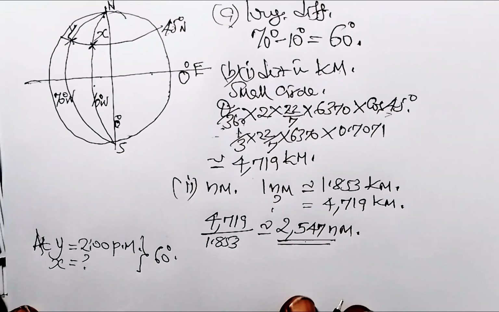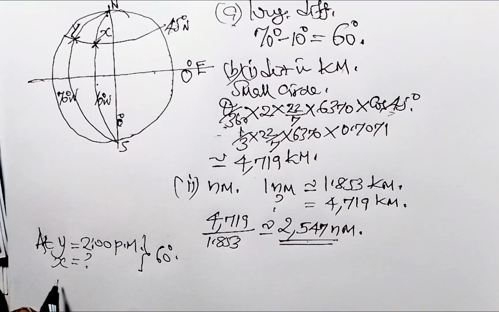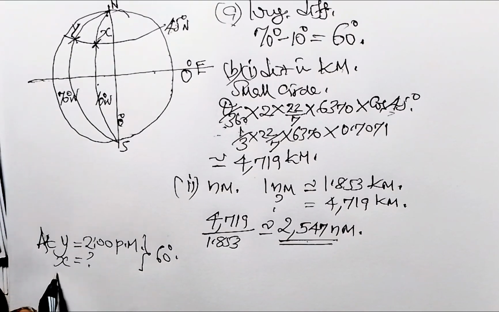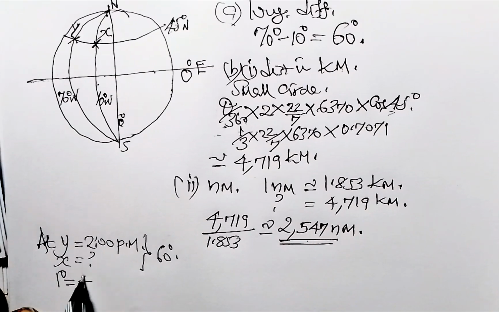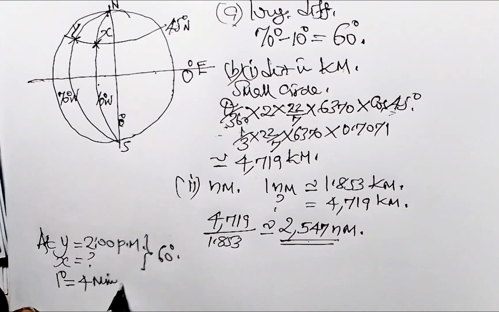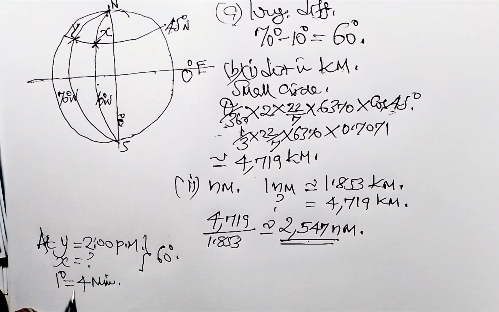We know that a difference of 1 degree in longitude gives a difference of 4 minutes.